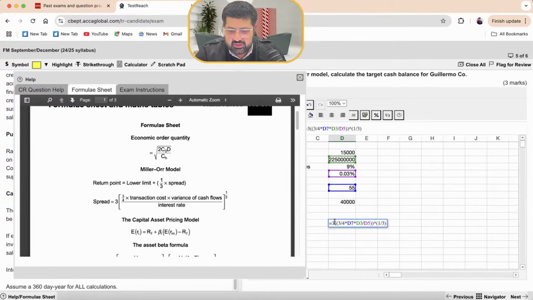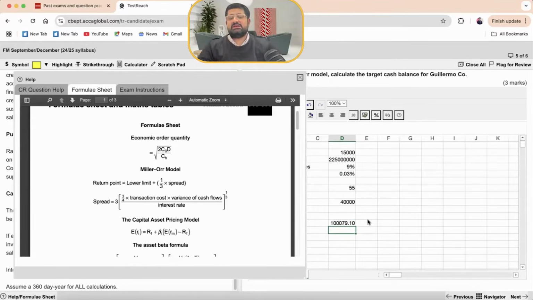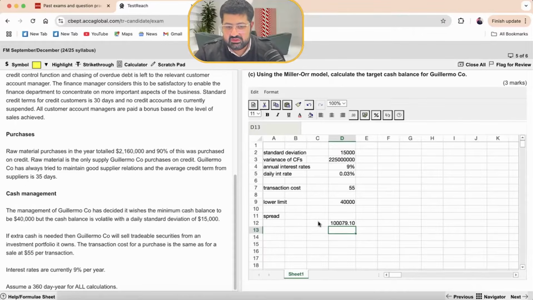And here it will be the multiplication sign. Now I think it is okay. So that is the spread. So spread is here in front of you.